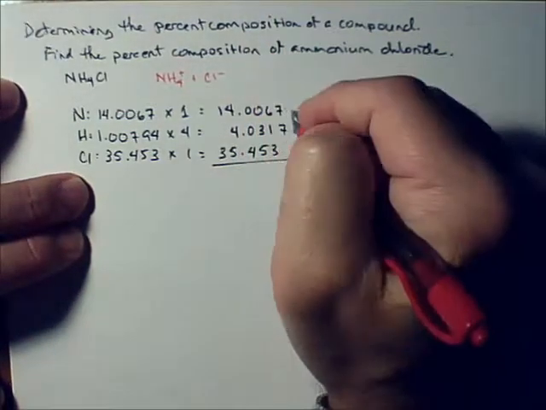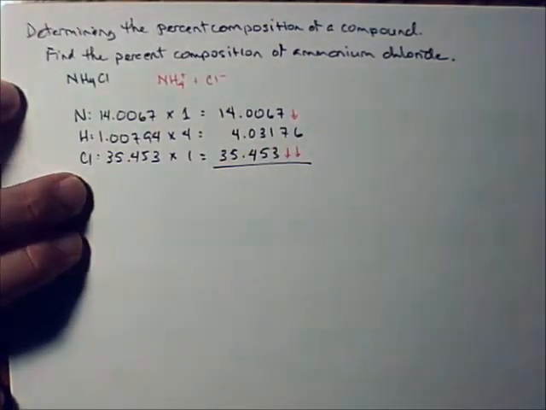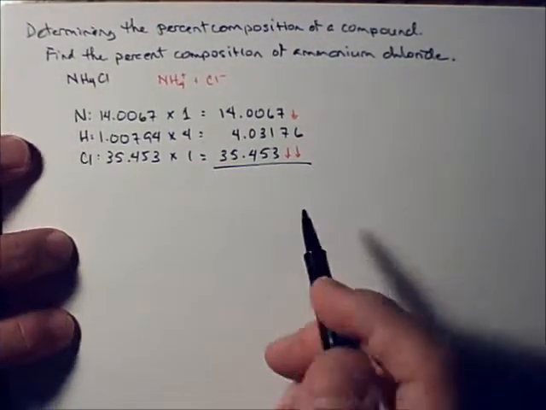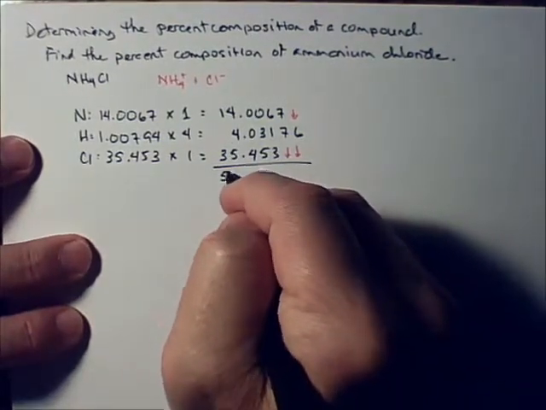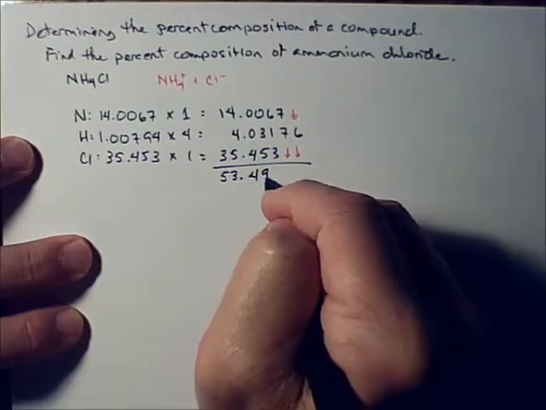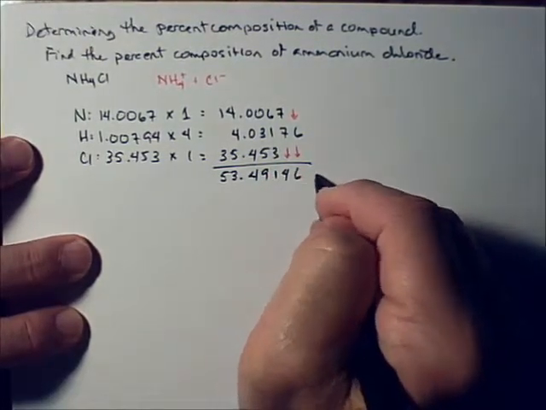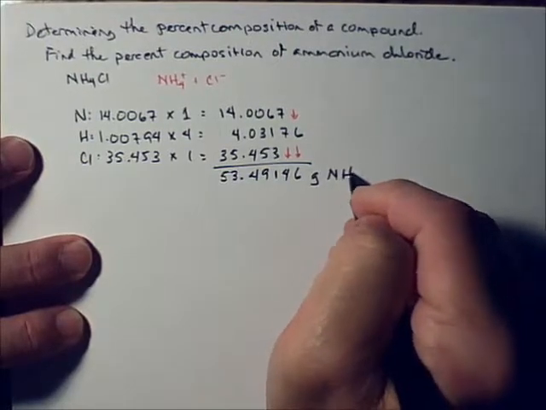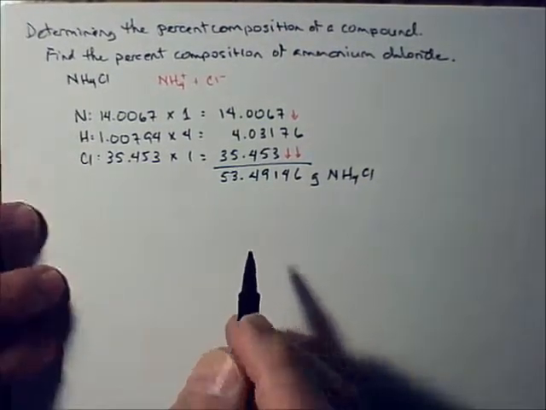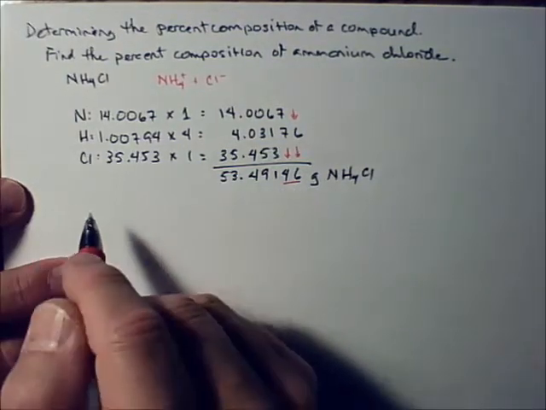You've got 3 empty slots over here. Add it all up. Okay, and then we're going to round that off because these last 2 digits here are insignificant.